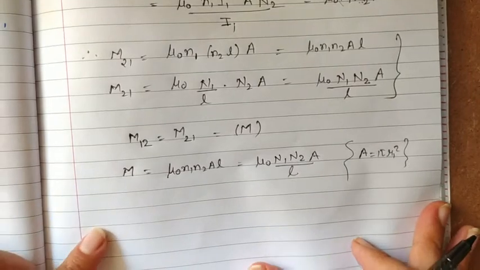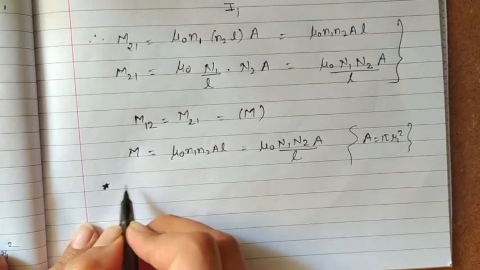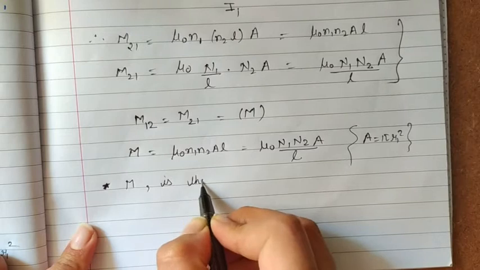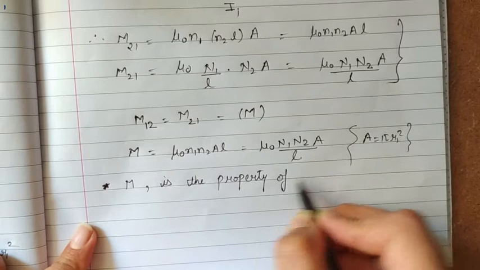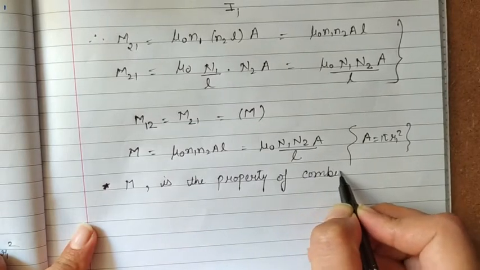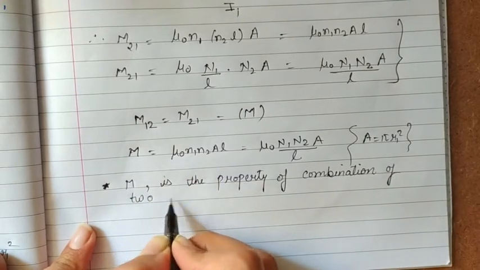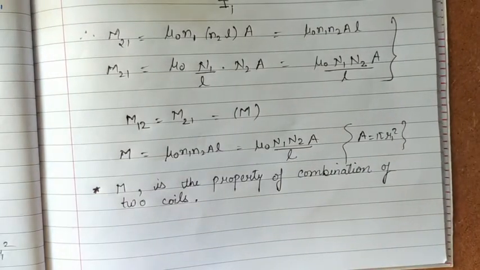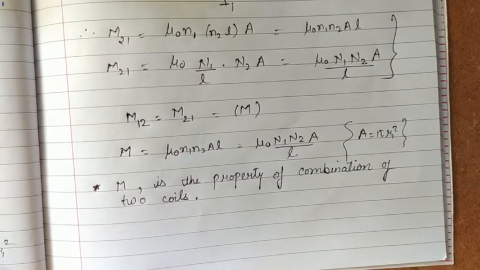So mutual inductance of two coils is the property of their combination. This we have to note, that M, means mutual induction, is the property of combination of two coils. Now it doesn't matter which one of them is functioning as a primary coil or secondary coil, the value for mutual inductance will remain same.